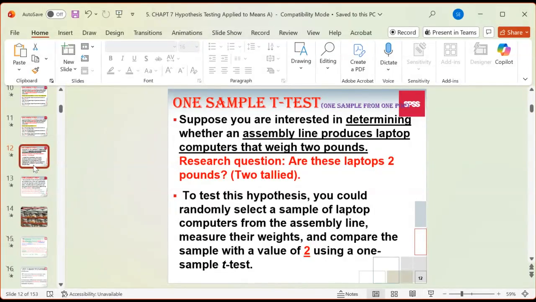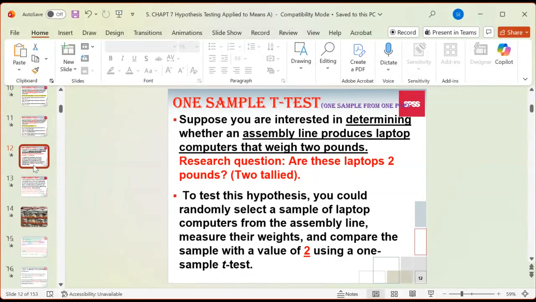Again, we're focusing on the one sample t-test, which needs one sample from one population. Suppose you're interested in determining whether an assembly line produces laptop computers that weigh 2 pounds.